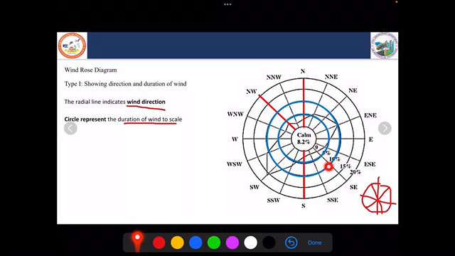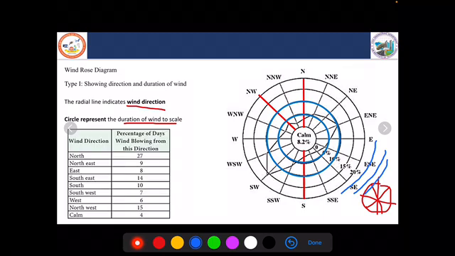We will look at that further. Similarly, the next lines indicate wind durations of 5%, 10%, 15% and 20% respectively. You can also increase the number of concentric circles. The divisions and scale have to be chosen in such a way that they match the data available to you.